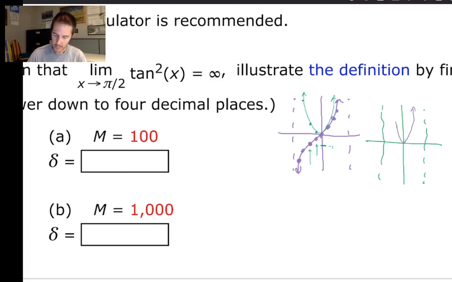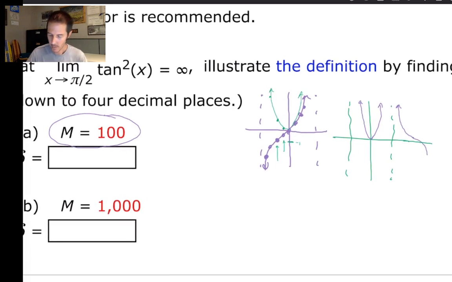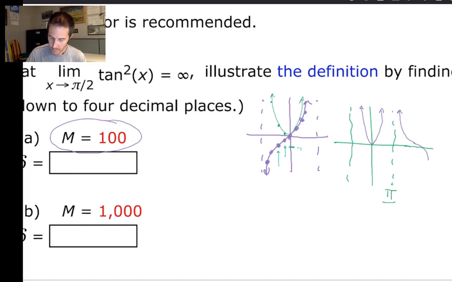Climbing really fast, symmetric about the y-axis, also climbing really fast. And we want to know what are the delta values that are going to constrain us as we approach pi over 2. I have to make my graph a little bit more complete because we're sliding all the way over here to pi over 2.